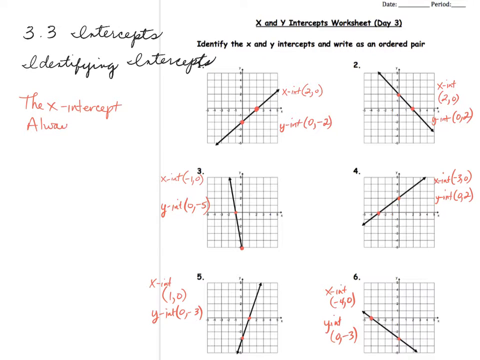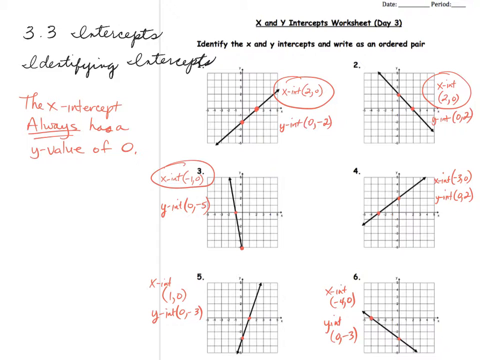Now, one thing you should notice: the x-intercept always, and that means always, has a y value of 0. Look at each one of the x-intercepts.